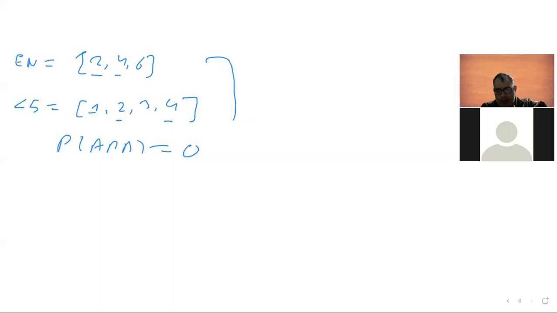Then the D part. This is a transpose, right? Transpose of A union B. So what is the transpose of A union B?